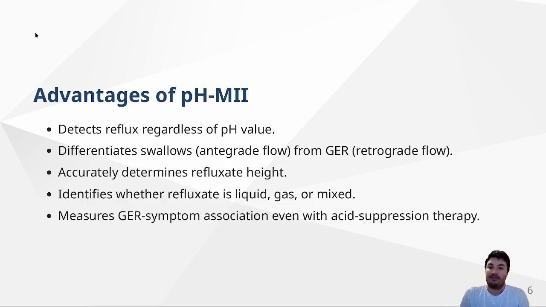You can measure the direction of the thing in the esophagus going up or down. You can determine to which point it arrived, whether until the mouth or the middle, and you can even detect the kind of content, whether liquid, gas or mixed.